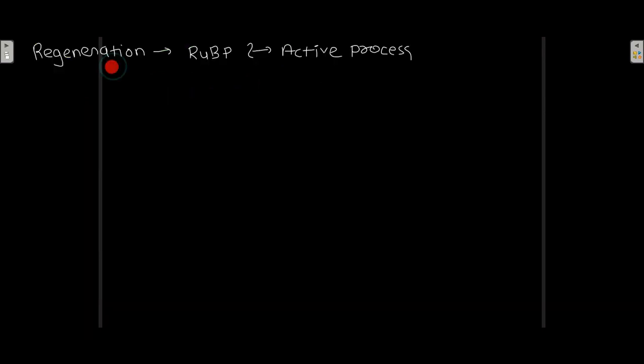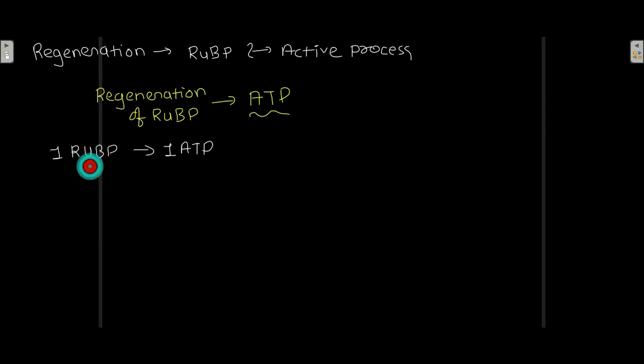Now this regeneration of RuBP is an active process. What does that mean? It means regeneration of RuBP utilizes ATP. To regenerate one RuBP, 1 ATP is utilized.